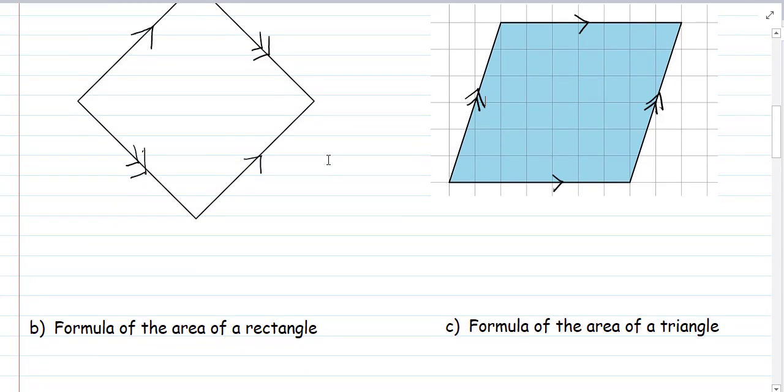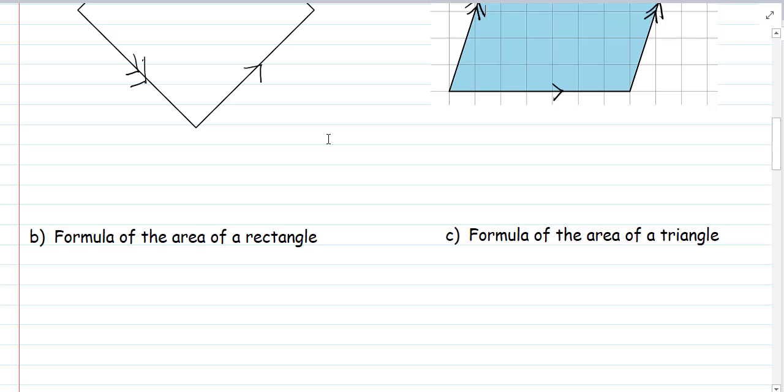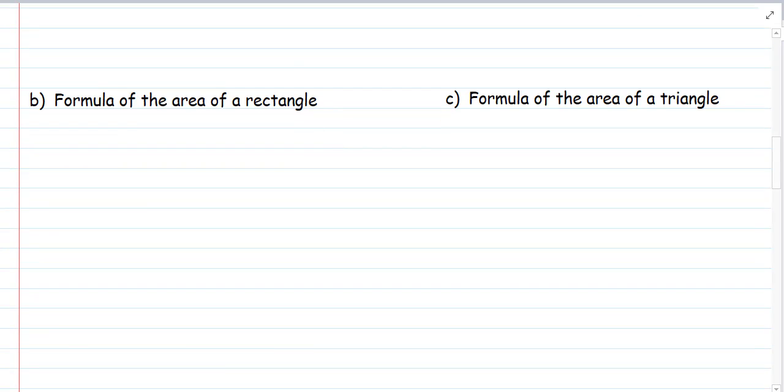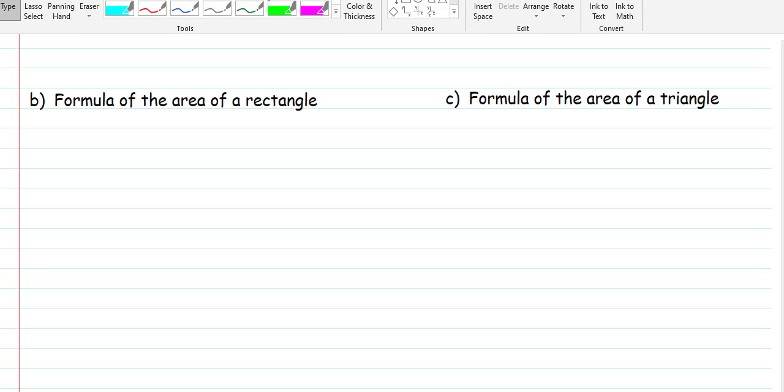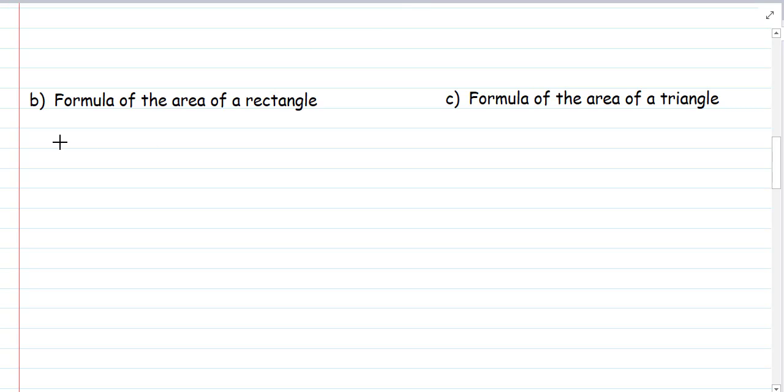Let's try to recall the area of a rectangle. Now I'm going to draw a rectangle, like this.